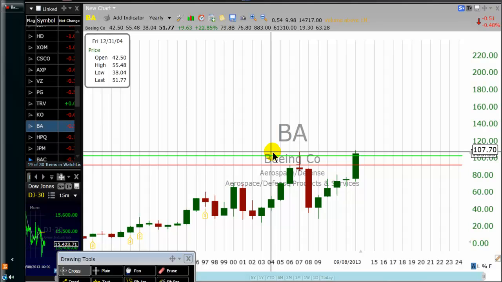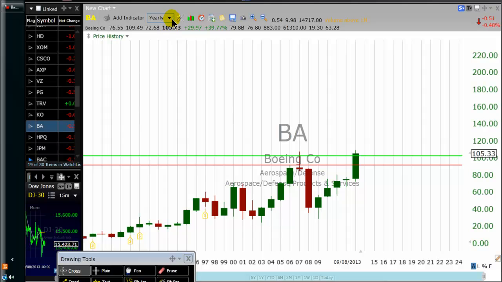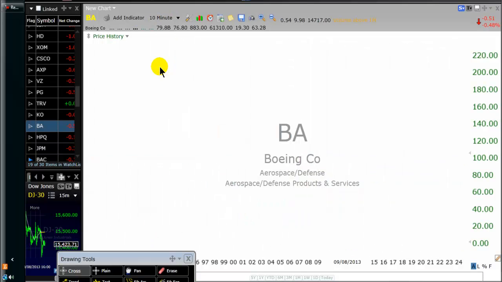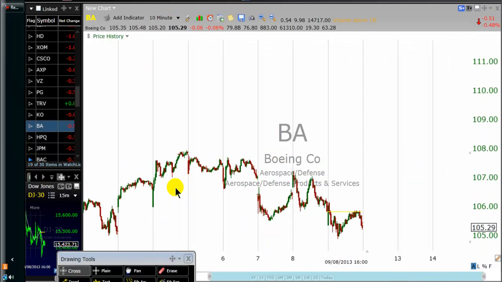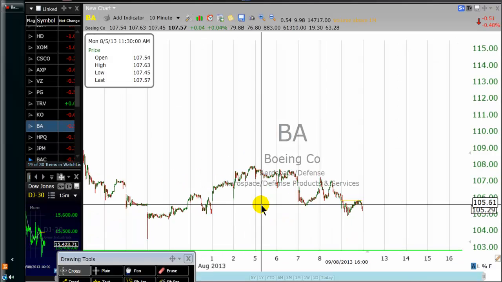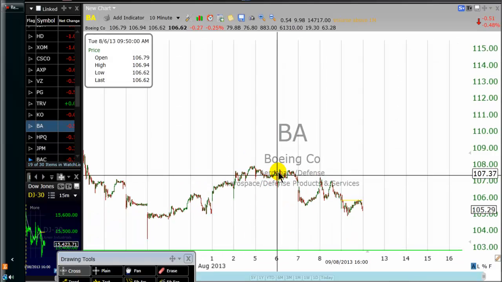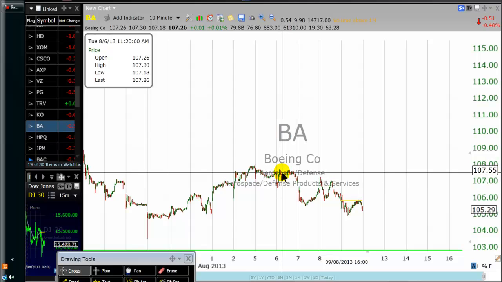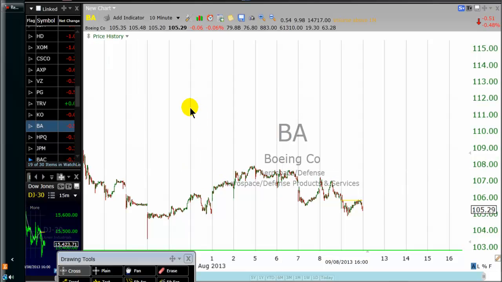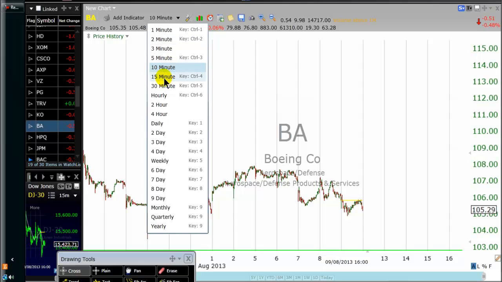If you go, for instance, to the 15-minute chart, I will show you $107.83.